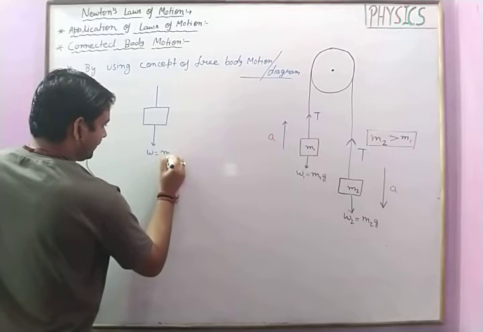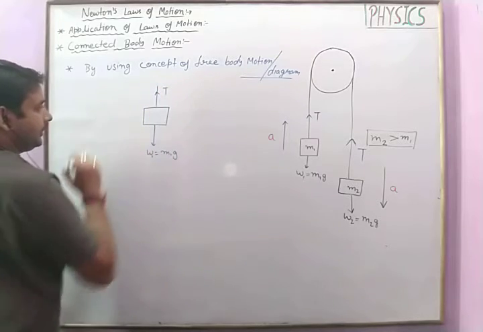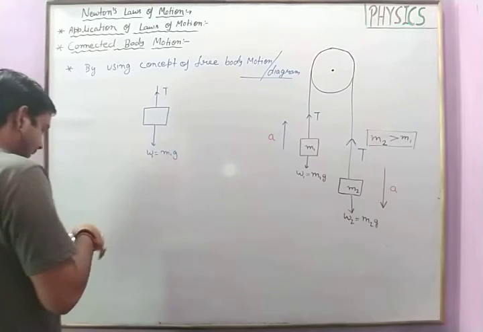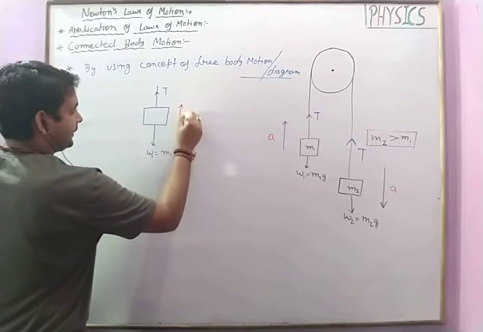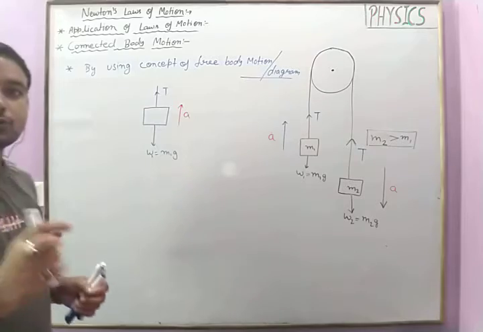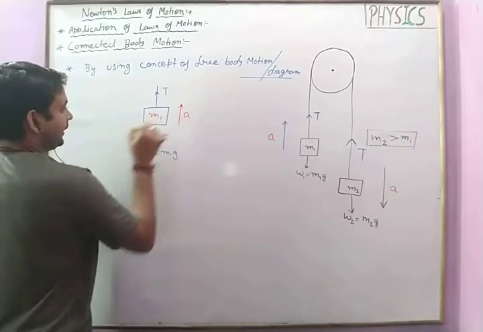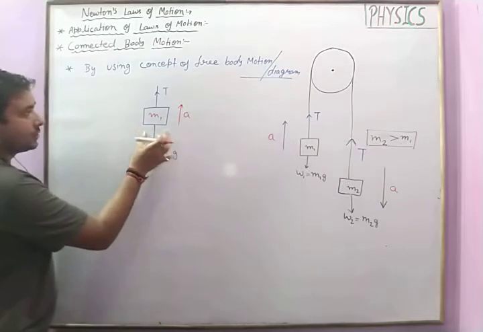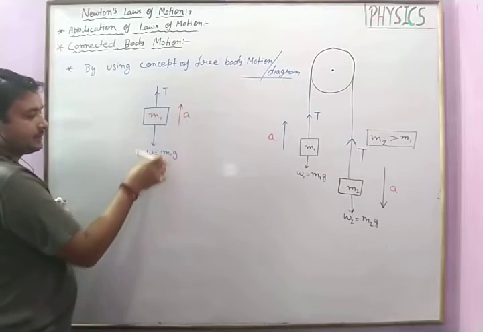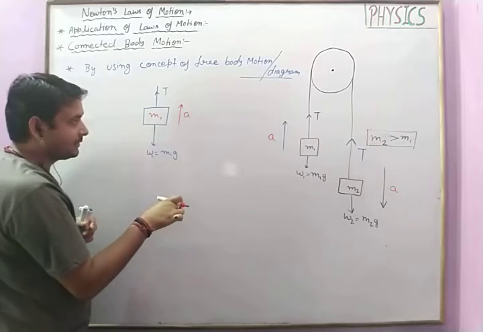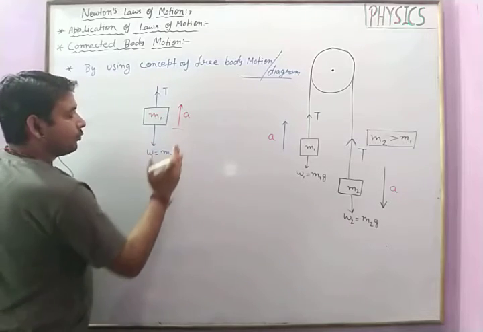Weight of the body m1g and the tension in the body T, and situation is that the body is moving upward with an acceleration a. In this situation there are two forces working on the body of mass m1, that is first force the tension which is in upward direction, second is the weight of the body in downward direction, and the net force situation, that is the body is moving upward.